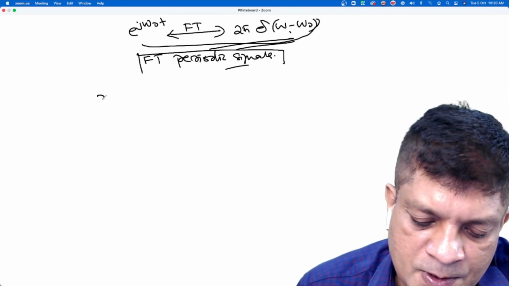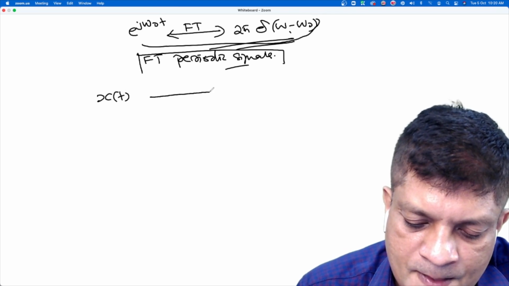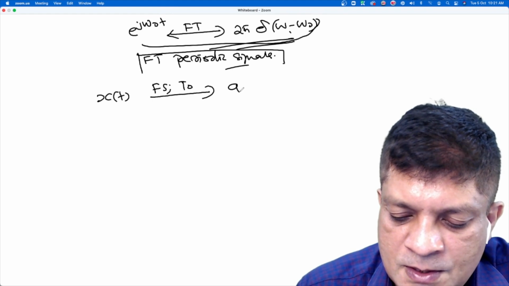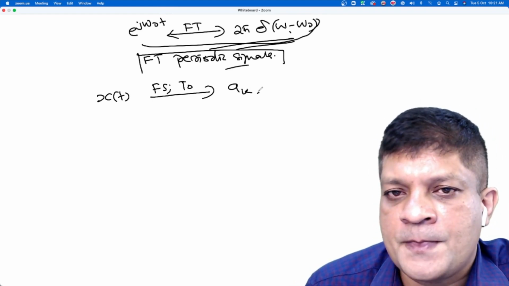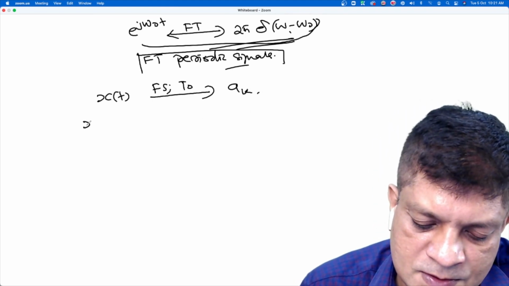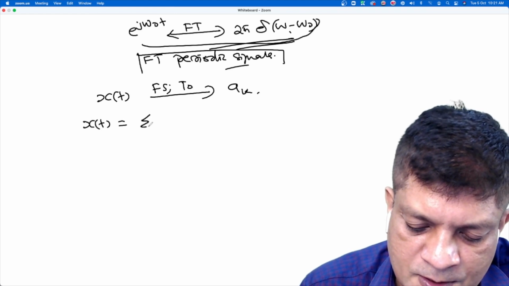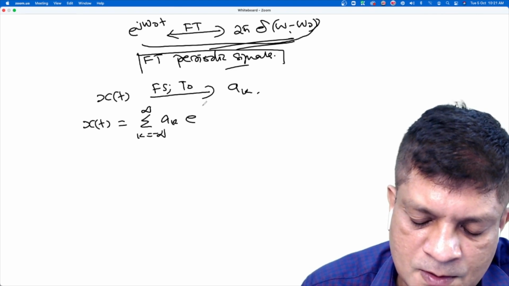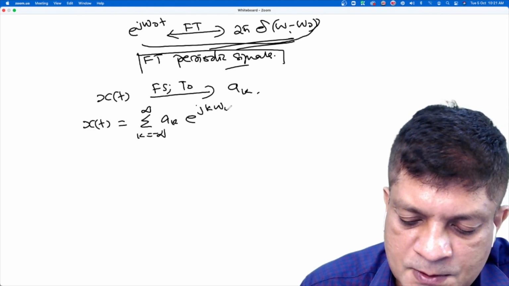If we consider a periodic signal x of t, let's say its Fourier series coefficients with respect to period T naught are a k, then we can write this signal x of t as a linear combination of harmonically related complex exponential signals, right?